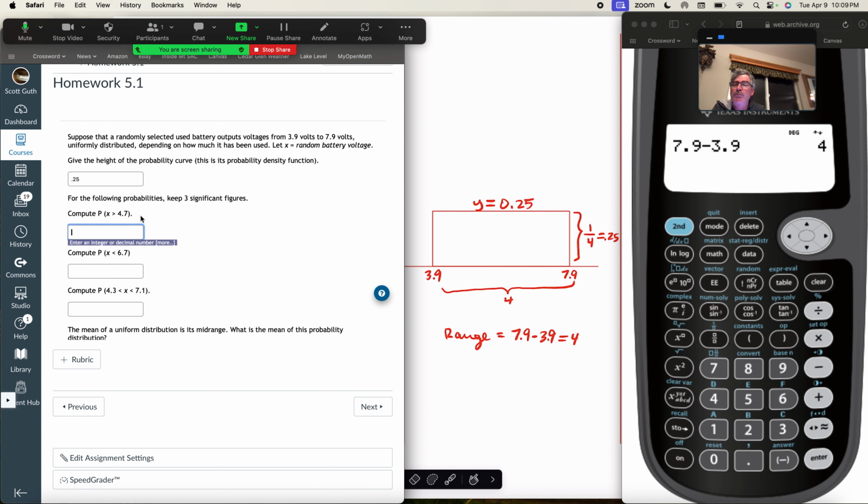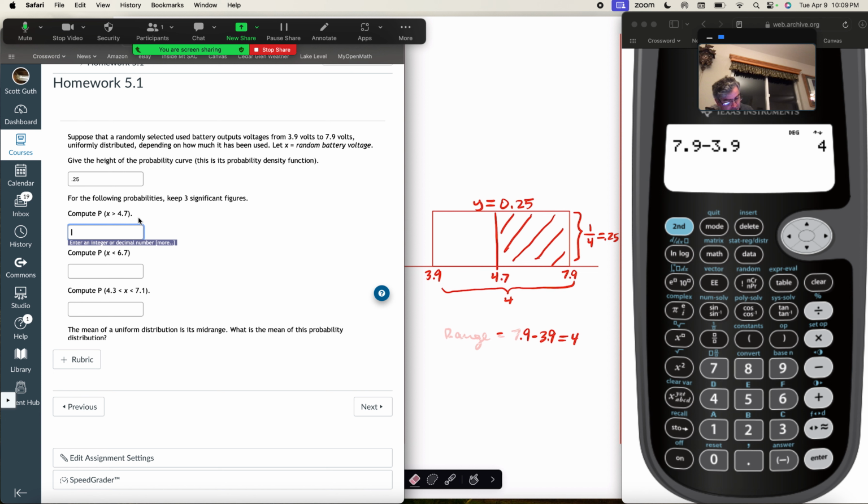Now it says probability that x is bigger than 4.7, so I'll just put 4.7 in here somewhere. Doesn't really matter where it is. And we want to know the probability of being greater than that. Okay, so the problem changes just a little bit.